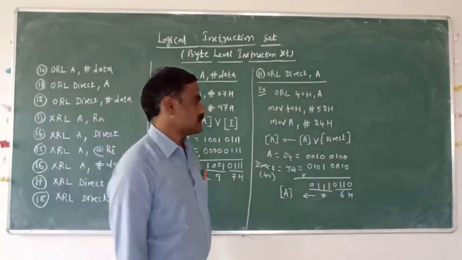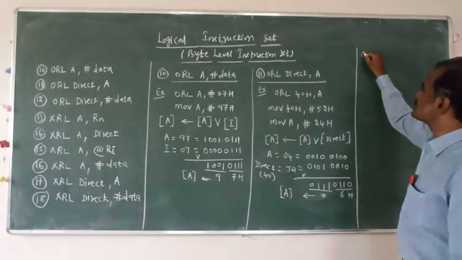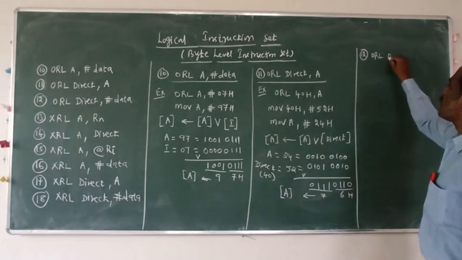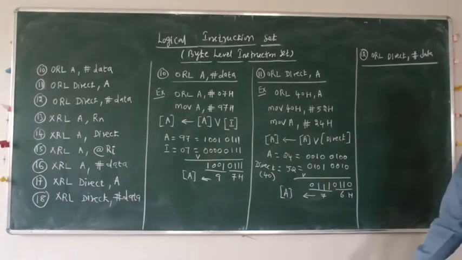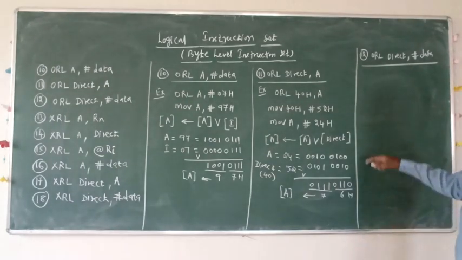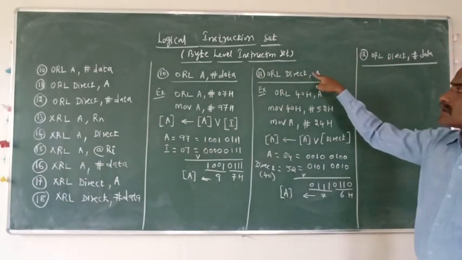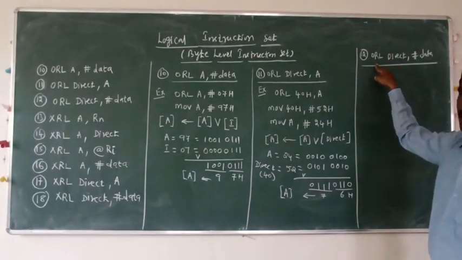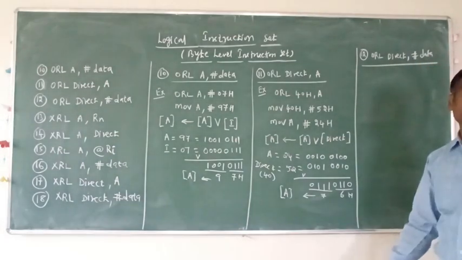Okay. Next one, 12th instruction, ORL direct comma immediate data. Here in the 11th instruction we logically OR the direct memory address location data with the accumulator, and here we logically OR the direct memory address location data with the immediately given 8-bit data.